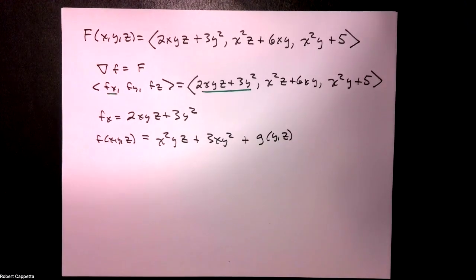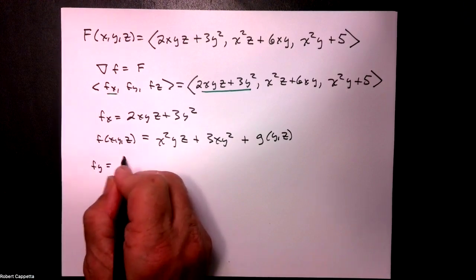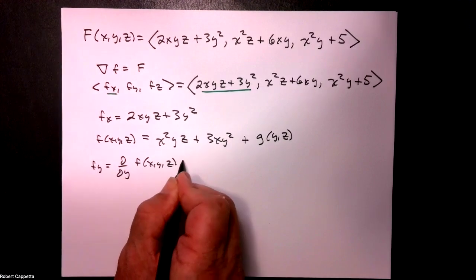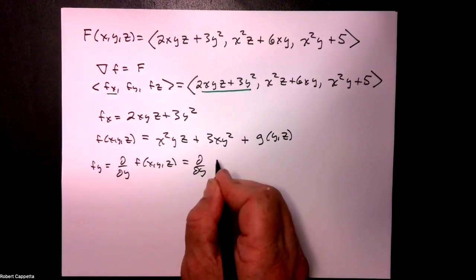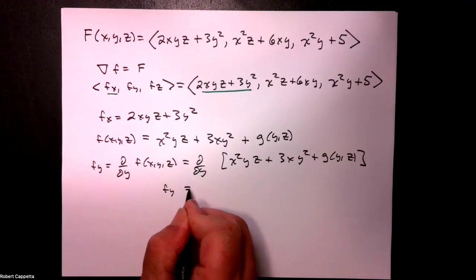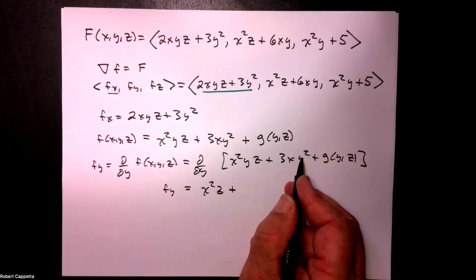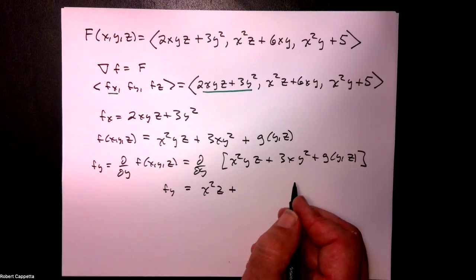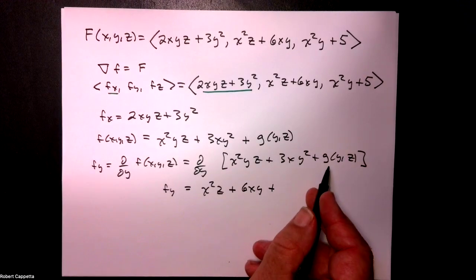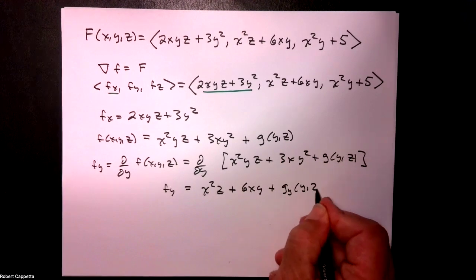So we get there. Next up, I want to take a look at f sub y. So f sub y would be the partial derivative with respect to y of my f of x, y, z, which is the partial derivative with respect to y of what I have written. So f sub y would equal the partial with respect to y of x squared yz, which is x squared z. The partial with respect to y of 3xy squared is 3x times 2y, or 6xy, plus the partial with respect to y of g of y, z, which is g sub y of y, z.